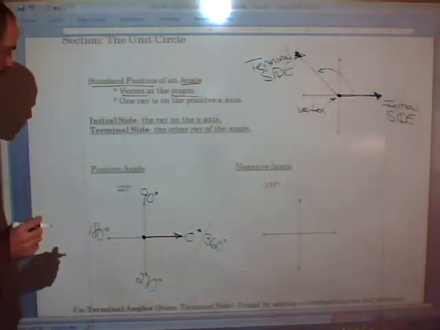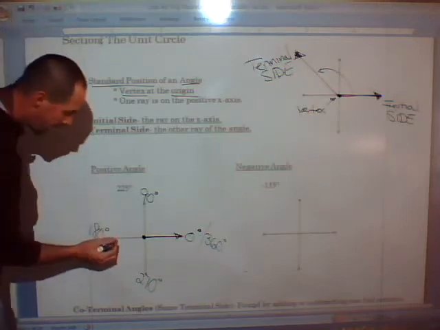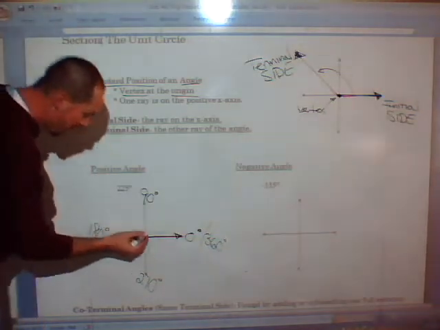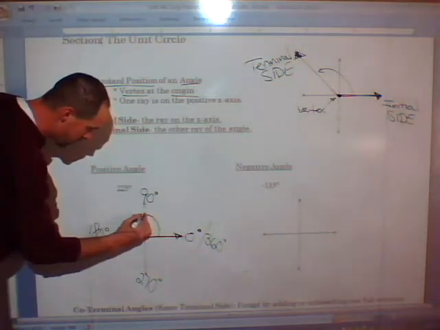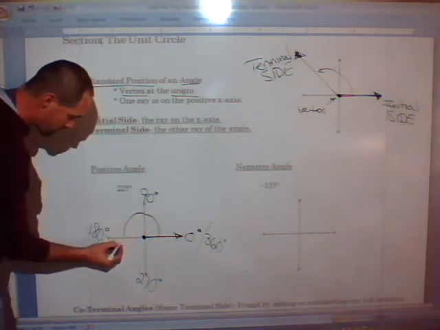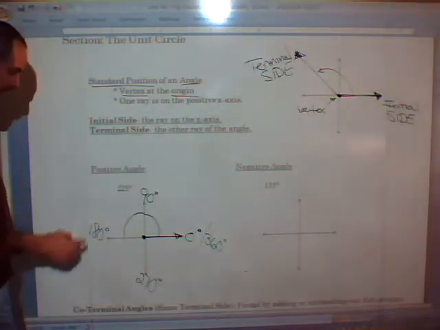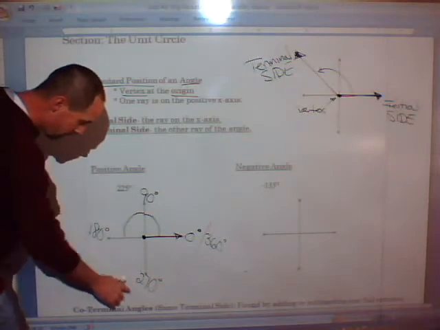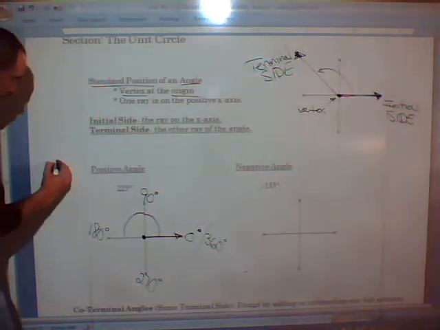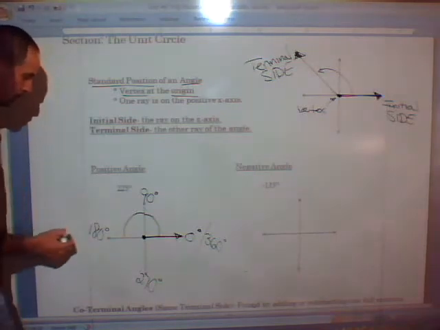Now, if we wanted to go 225 degrees, obviously, you would head towards 90, then come around here, this would be 180 degrees. And we're going to need to go past 180, somewhere between 180 and 270 degrees. So let's see how much further than 180 we are.